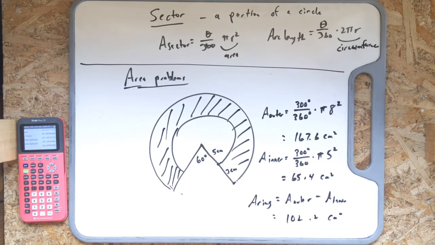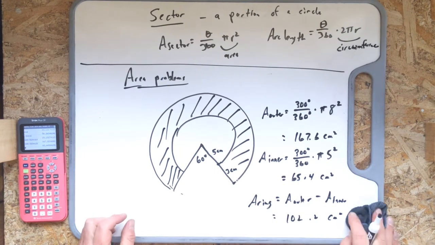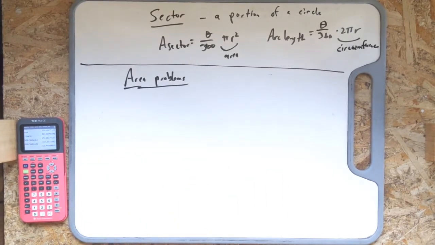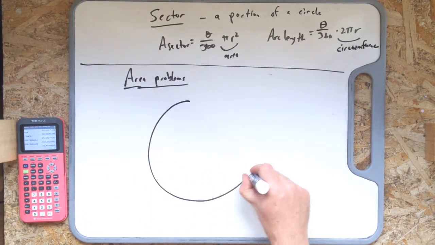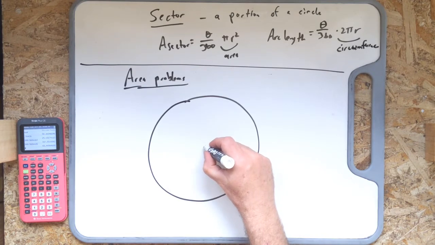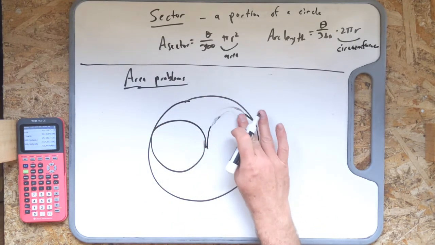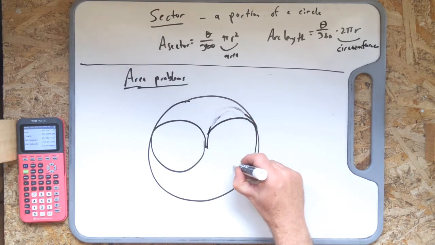Okay, we'll try one more. In this case, I'm going to make a big circle, and inside of it, I'm going to make a smaller circle, and another smaller circle over here.